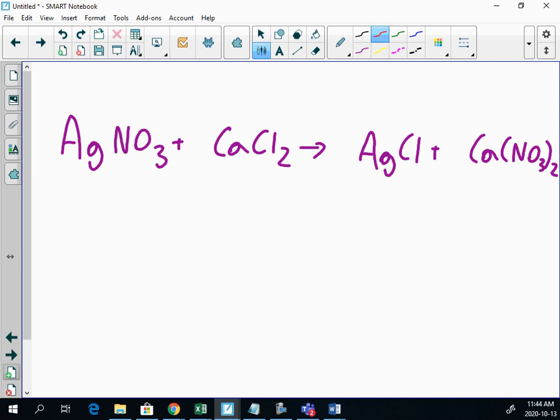I just double up here and double up here, and then I get 2 silver on both sides, 2 chlorine on both sides, 1 calcium on both sides, and 2 nitrate on both sides. So that all works out. One last note I can make is that I have this stuff dissolved in water, aq, this stuff dissolved in water, aq. This was my precipitate, it became solid, while this stuff stayed dissolved in the water.